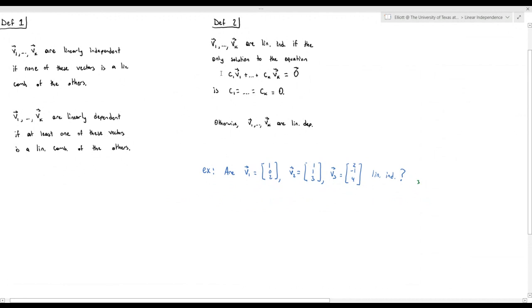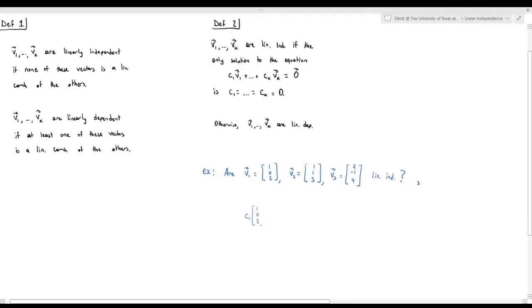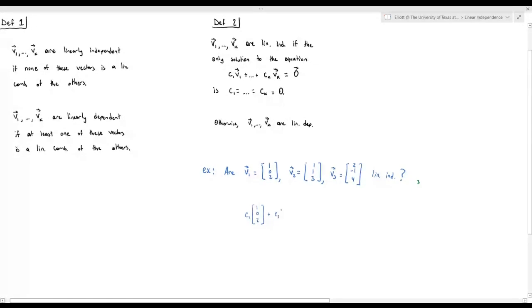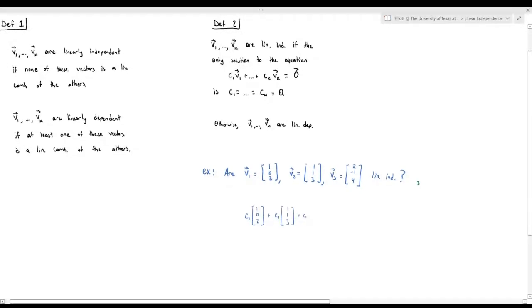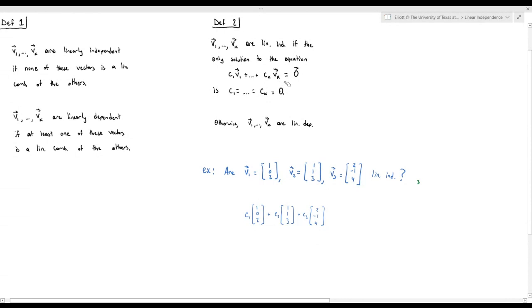So what I'm going to do is look at this equation, c1v1 plus c2v2 plus c3v3 equal to 0 on the right-hand side.